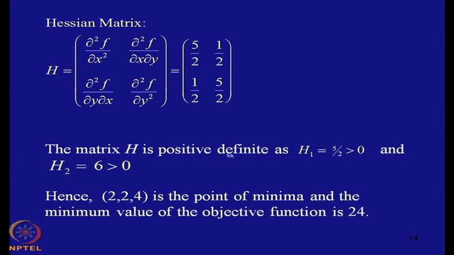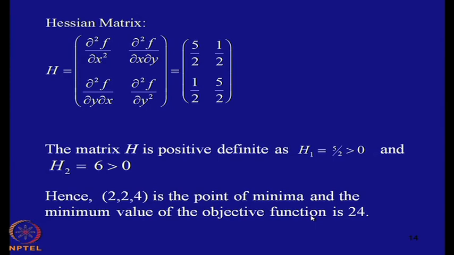As we see that the first minor is positive, second minor is again positive, then we can conclude the Hessian matrix is positive definite. As we know, if the Hessian matrix is positive definite, then the corresponding point must be the point of minima. Thus, we can say that (2, 2, 4) is the point of minima for the given function, and the corresponding functional value would be 2 square plus 2 square plus 4 square, that would be 24.